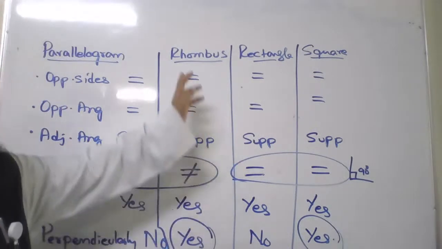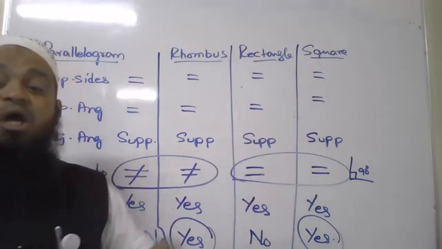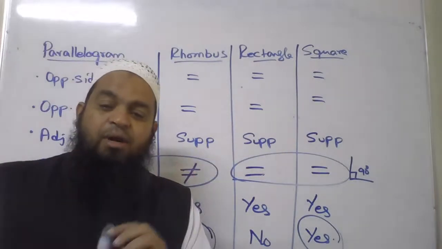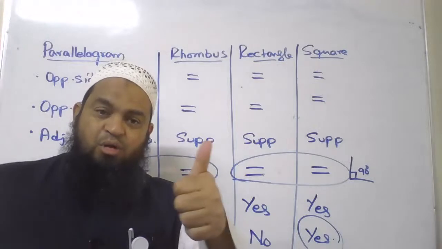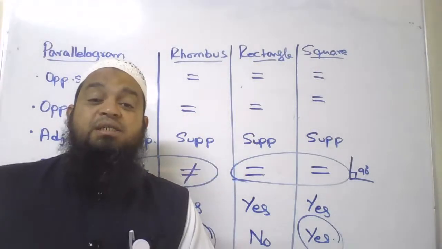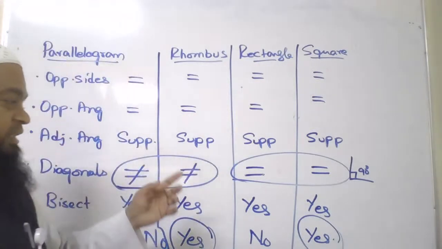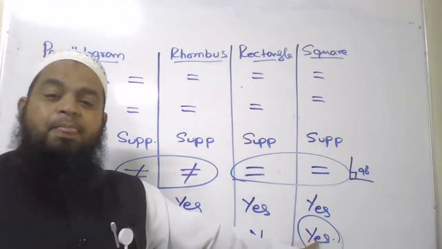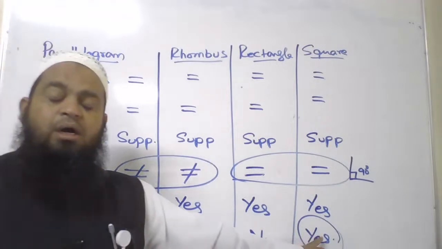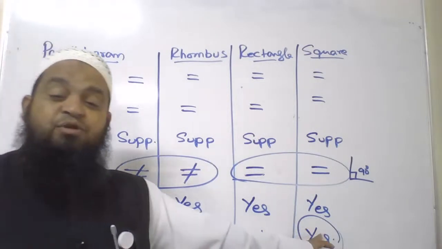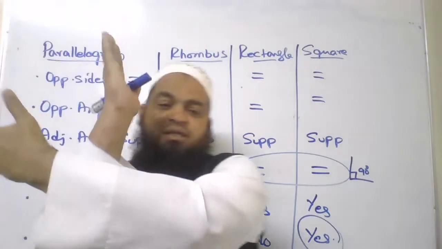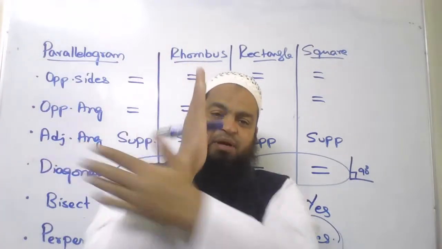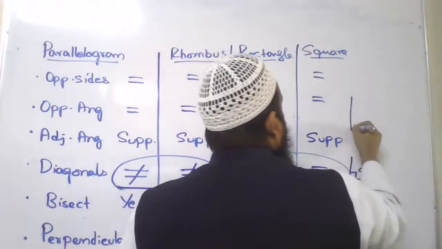What the special property of rhombus and square is, all sides are equal, not 90 degrees. In rhombus and square, all sides are equal. So therefore, in these two types of parallelograms, the diagonals are like this, perpendicular. Okay, the diagonals are perpendicular.